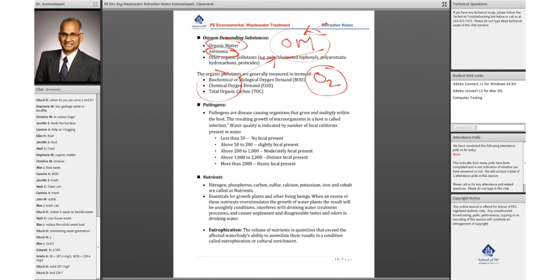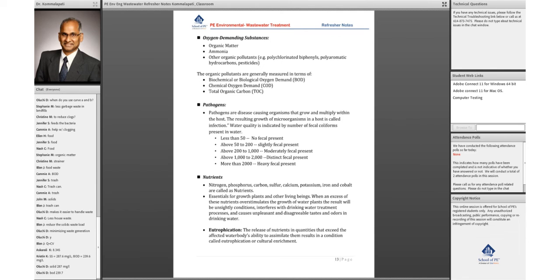Not the organic matter directly, but you are saying, hey, I have organic matter that needs X milligrams per liter of oxygen. That is what your OD or the oxygen demand stands for. If you use a biochemical method, you call it BOD. If you use a chemical method, you call it COD.